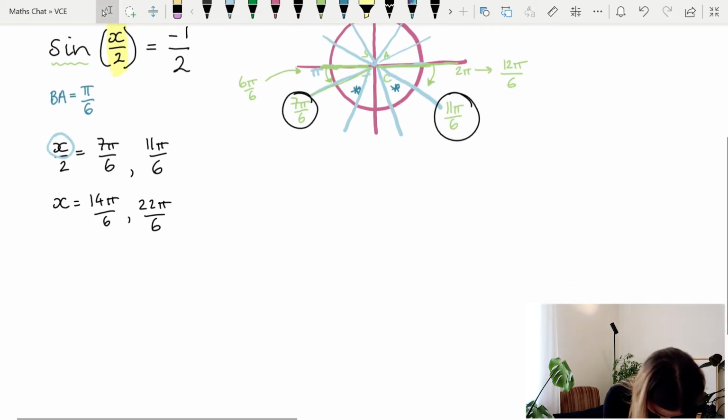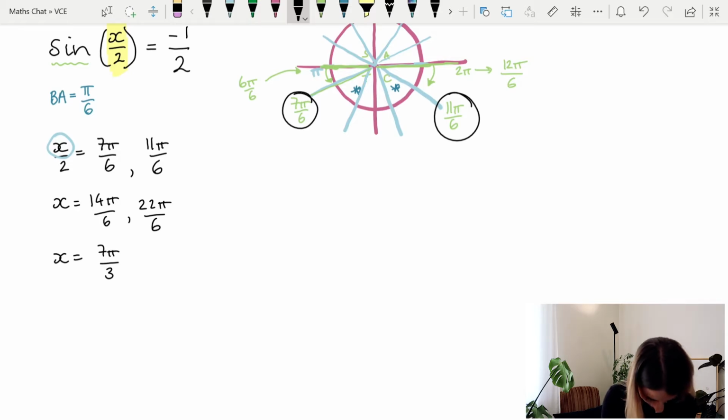Now, those simplify to 7 pi on 3, because I divide the top and the bottom by 2. And then the other one simplifies to 11 pi on 3.